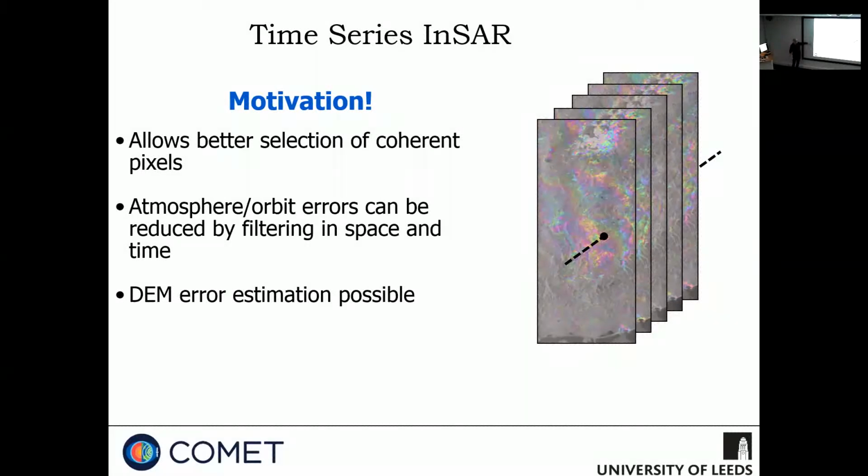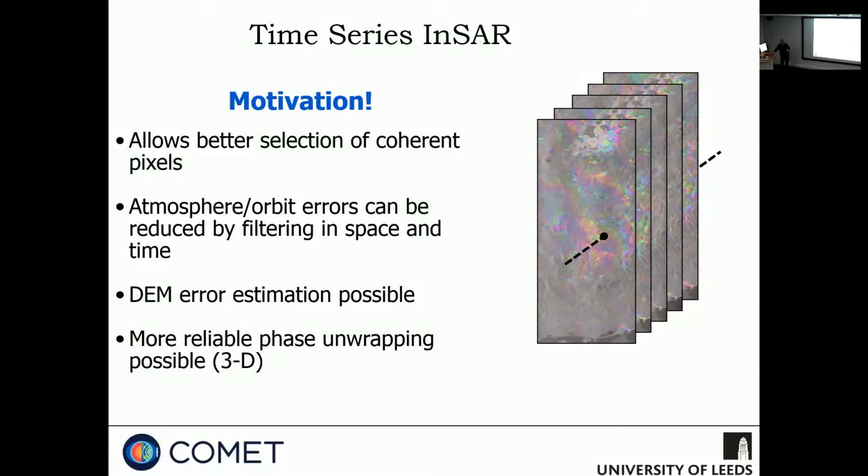There are some other errors we can get rid of as well. You've learned, I hope, that you have to subtract off the topographic signal from every interferogram, but there's always some of that signal left. We don't have perfect topography, so we can actually reduce that even more using this approach. We can do better phase unwrapping. As I mentioned right at the beginning, phase unwrapping can be problematic. This is counting fringes, so by having more data, that helps the job.